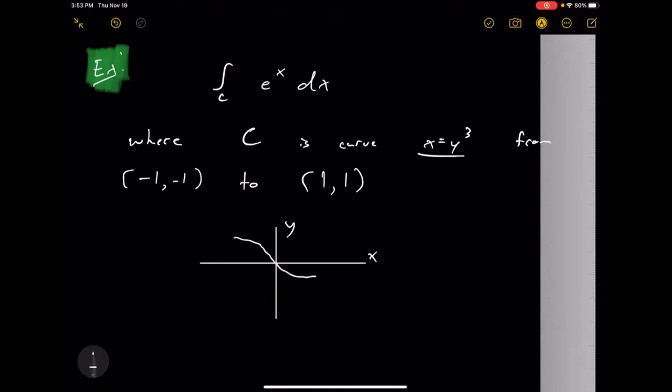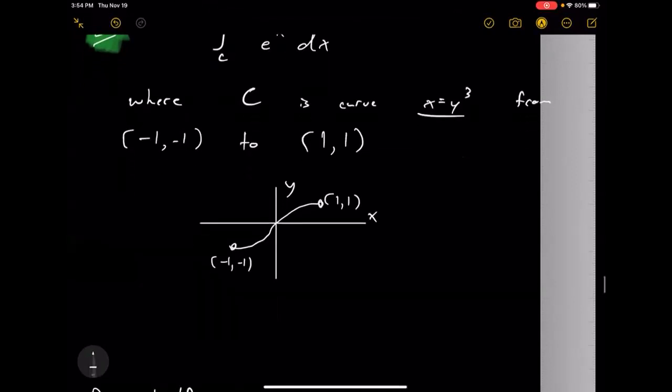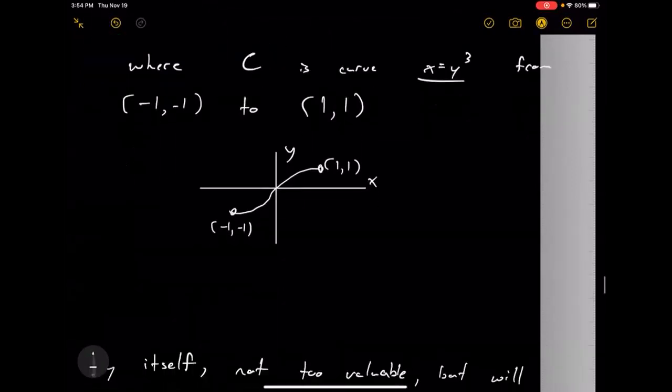This essentially. No, it would look like this, right? We have -1, 1, 1, 1. All right, so I want to integrate along that curve.